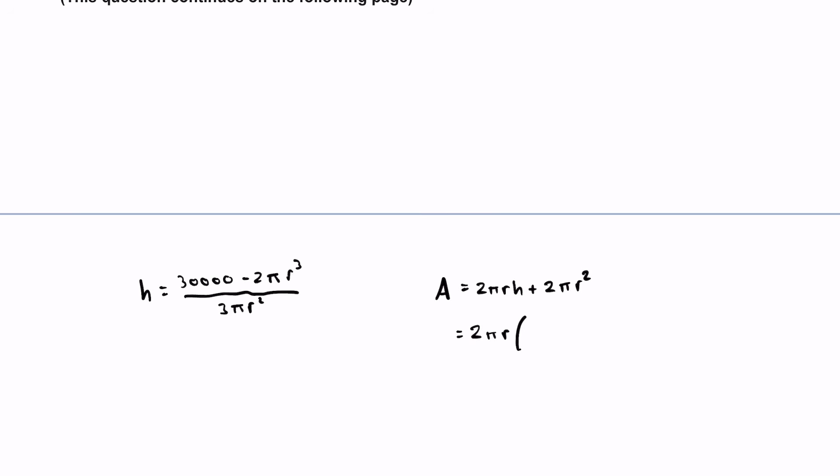Now wherever we see an h, we'll write out 30,000 minus 2 pi r cubed over 3 pi r squared, plus 2 pi r squared. Remember, this equals is the same as is. So h is all of this business. Wherever we see an h, we can replace it with this in terms of r. Now we've just got something in terms of r.